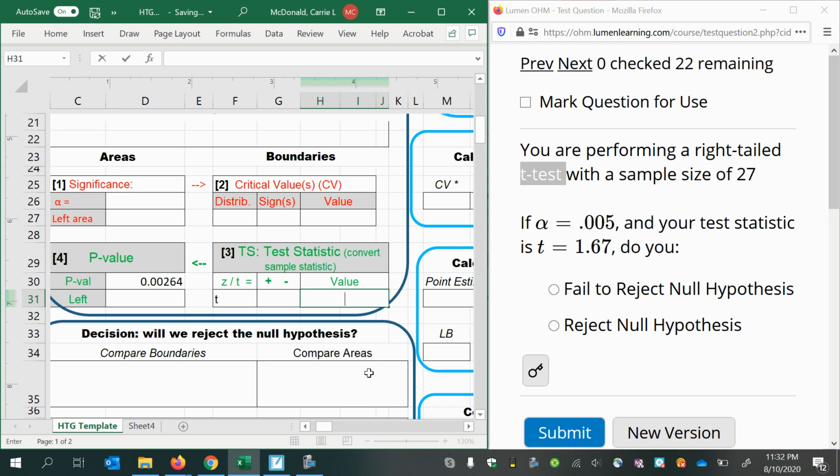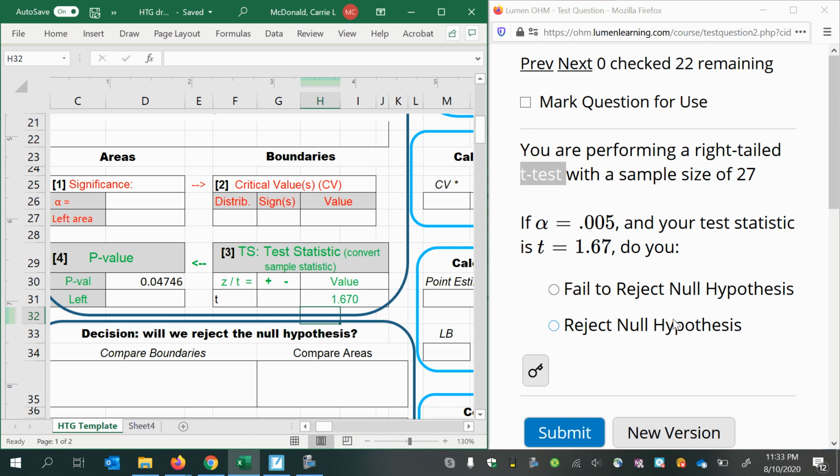So I've been given the t-score of 1.67. And it says, do you fail to reject the null hypothesis or reject the null hypothesis?